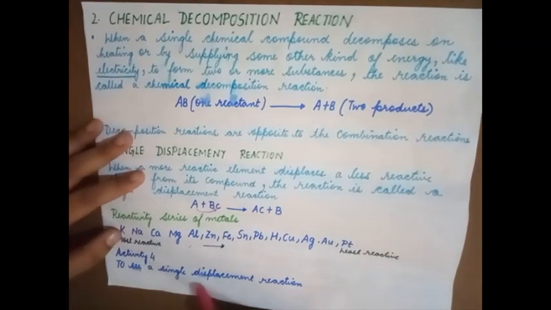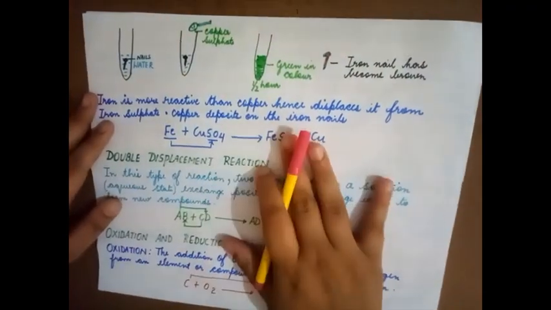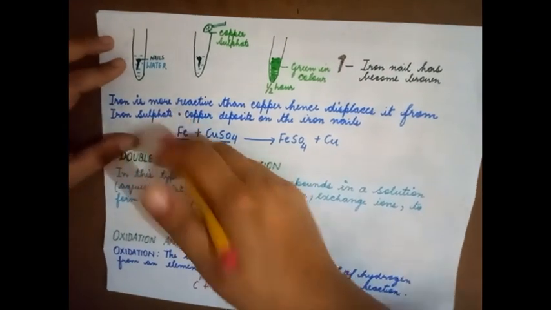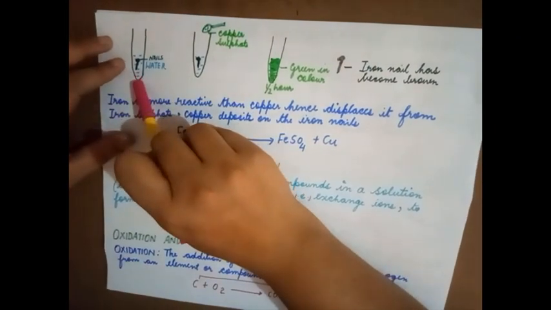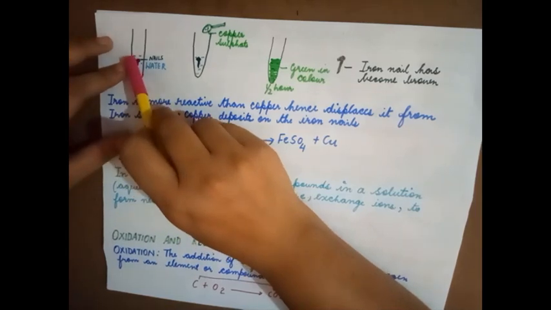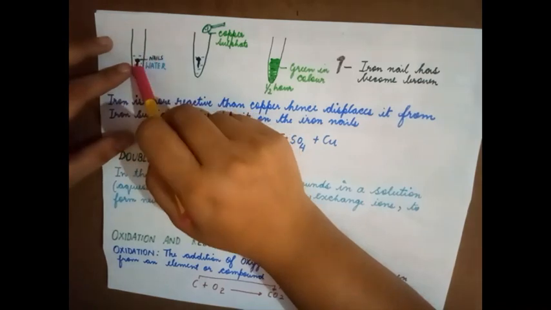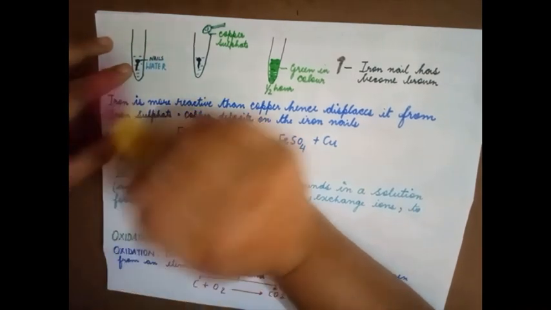Activity 4, to see a single displacement reaction. Let's try to understand this particular definition about single displacement reaction with the help of an activity. Here we are taking a test tube, and this test tube is filled with water, and an iron nail is dipped into it.